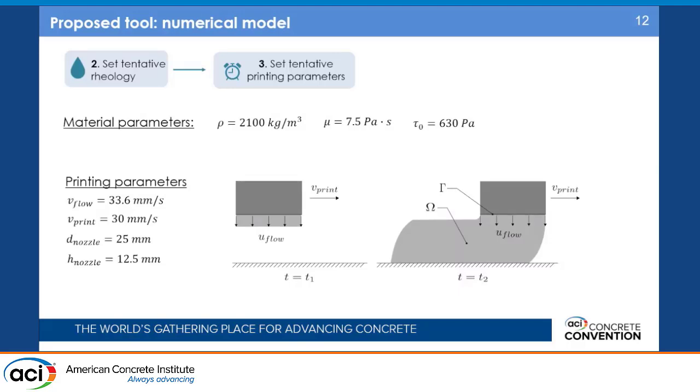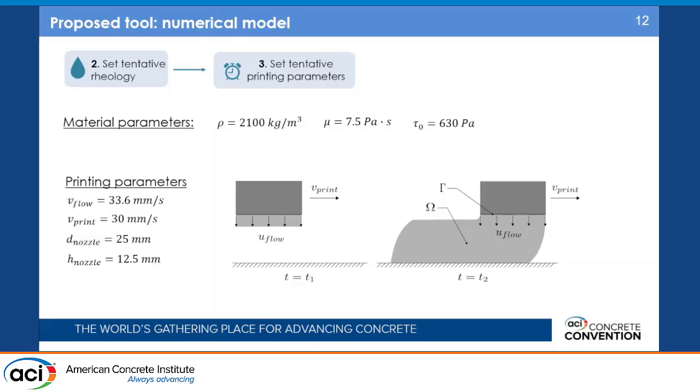Then, second step. Once we have an idea of the yield stress, and maybe also the viscosity, we need to set some printing parameters. So the nozzle velocity, the extrusion velocity, the nozzle diameter, the height of the nozzle from the ground, and these parameters are controlling the process.